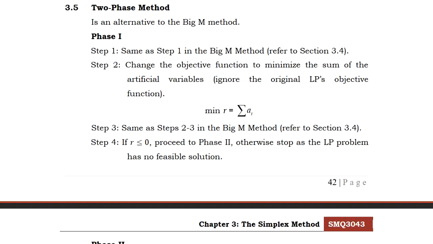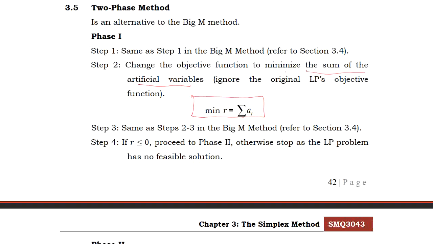In step 2, you need to change the objective function to minimize the sum of the artificial variables. So the new objective function should be minimize R instead of Z, equals the summation of artificial variables. So you need to ignore the original LP's objective function.